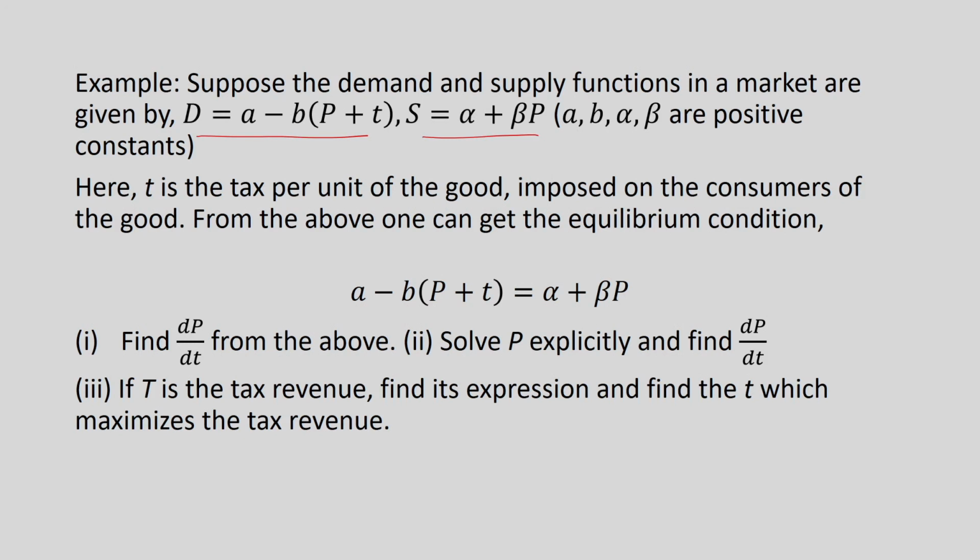Here A, B, alpha, beta, these are all positive constants. These are what we have talked about, they are called parameters. But what is small t? Small t is appearing here in the demand function. It is not appearing in the supply function, mind you. Here T is the tax per unit of the good imposed on the consumers of the good. Okay.